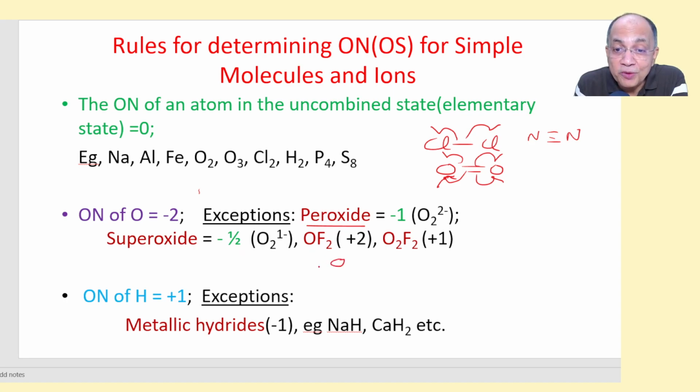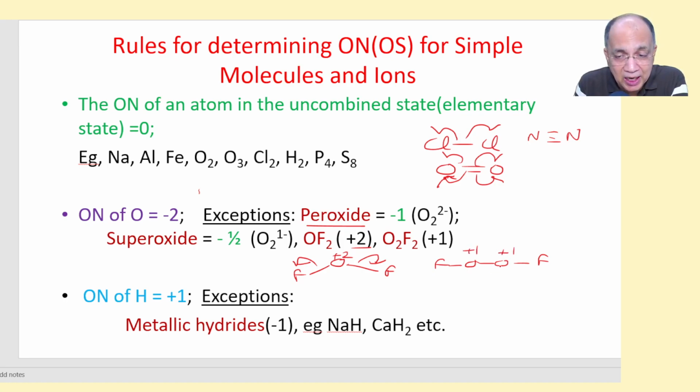And this is OF2. Can you imagine? The one which was gaining electrons will now lose electrons to fluorine, because fluorine is more electronegative than oxygen. So it will have +2. And in O2F2, it is +1.